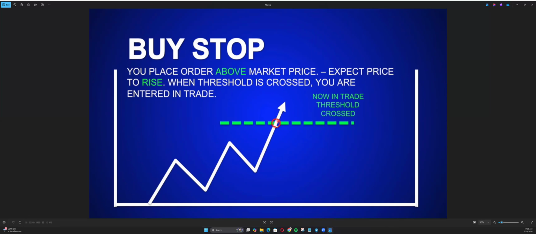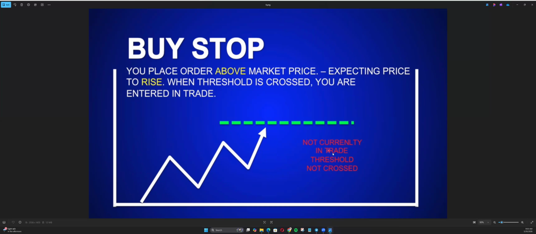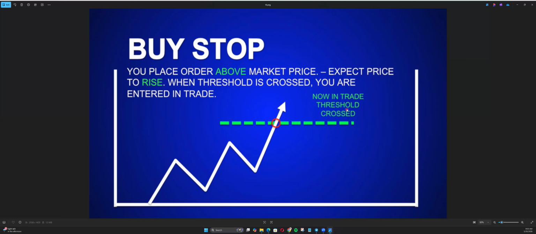Just like what you see here, before, you are not in the trade because your threshold has not been crossed. But now you're in the trade because your threshold has been crossed. You place an order above market price, expecting price to rise.